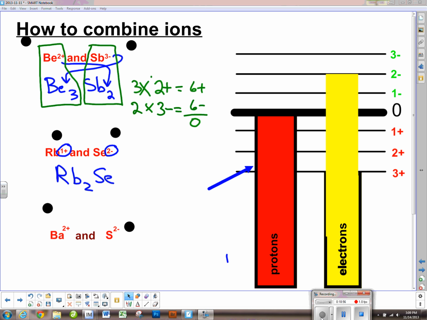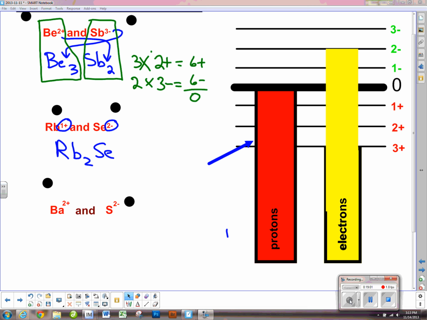Kevin, let's go down now. Okay, to get the barium sulfide right now, we have to look at barium. And when we do the barium, we look over at sulfur's charge, and we use that for the subscript. Remember, it's absolute value. And then we do sulfur, and the sulfide ion has the 2 minus charge, so that's a 2 also, or the 2 plus, I'm sorry, 2 plus from the barium.